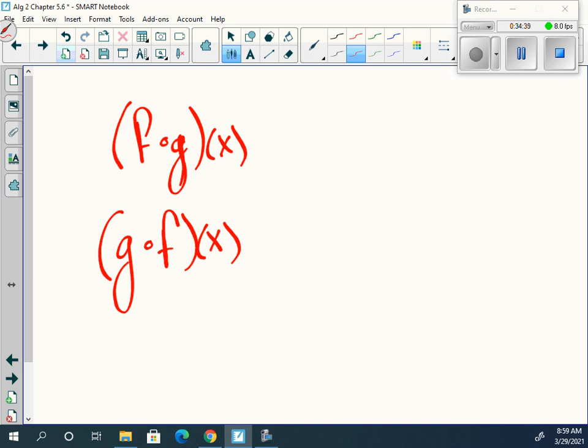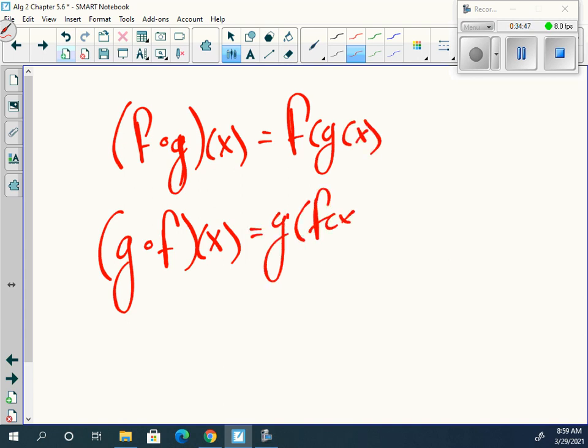All this is saying is that this is f of g of x, and this here is g of f of x. They kind of jokingly call this fog and goth, because f of g of x looks like fog, F-O-G, and g of f of x looks like goth, G-O-F.